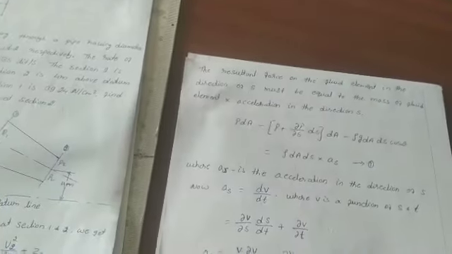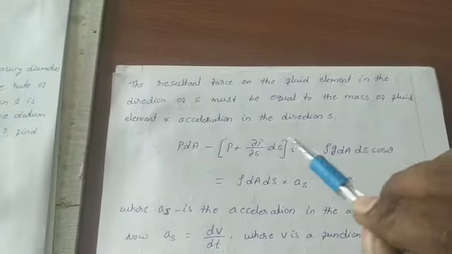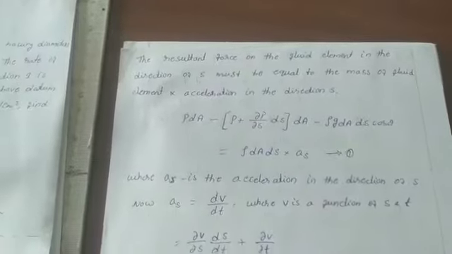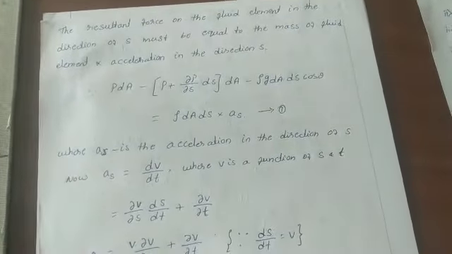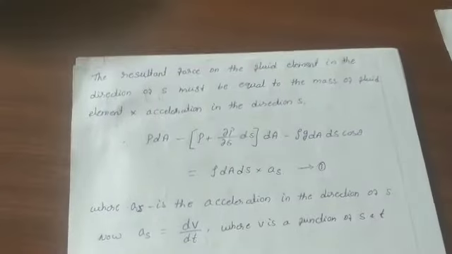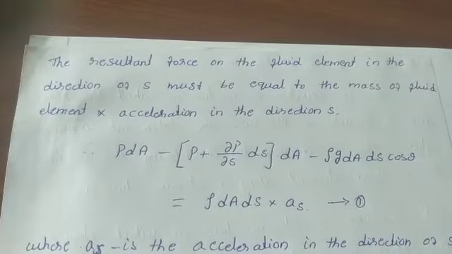Now the resultant force on the fluid element in the direction of s must be equal to the mass of the fluid element into the acceleration, according to Newton's second law of motion, force equals mass into acceleration. The forces are the pressure forces acting on the element.